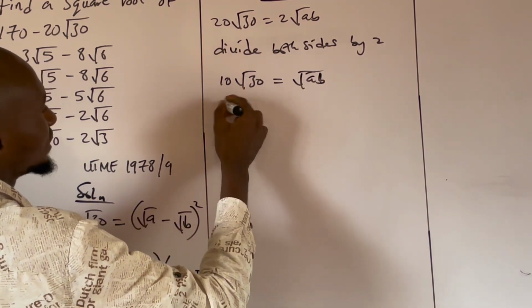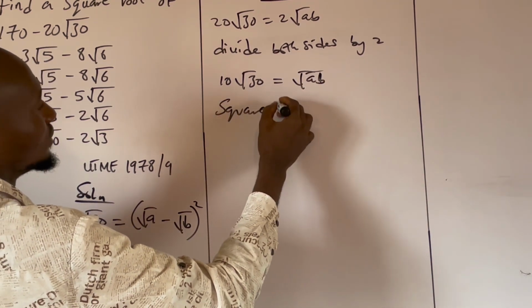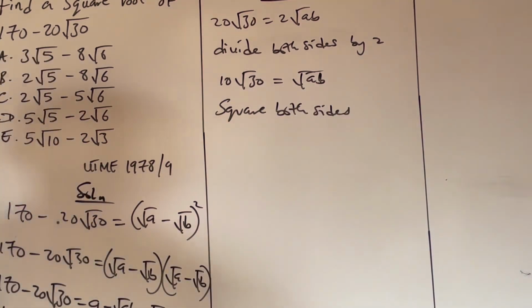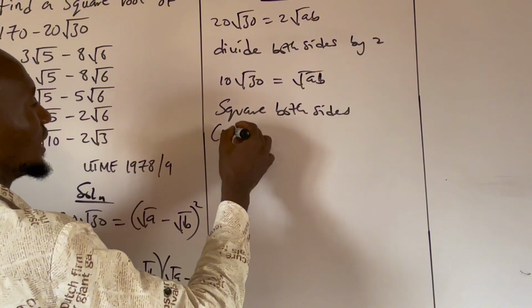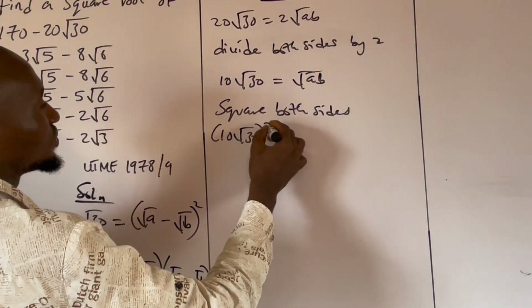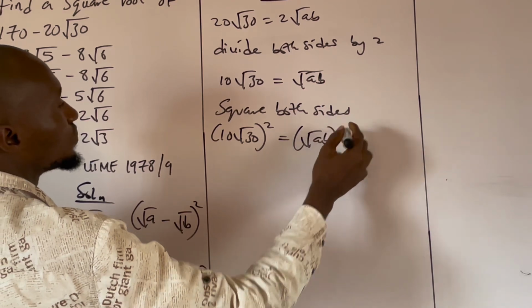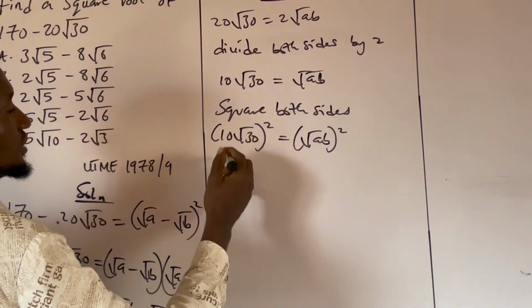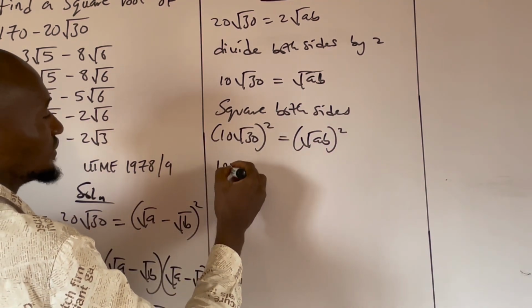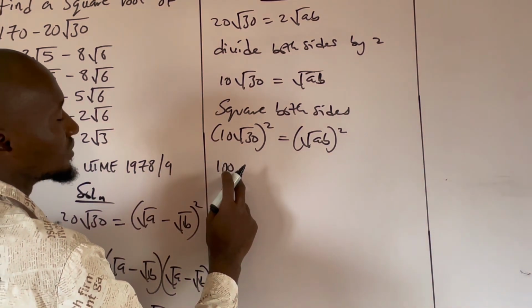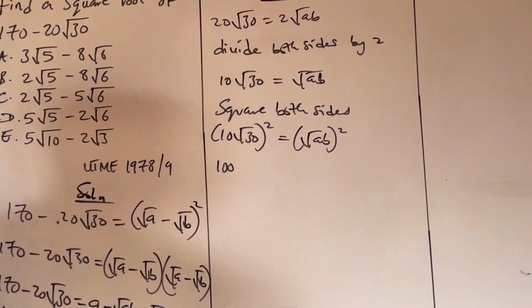Now, here we say square both sides. When we do that, we have 10 root 30 squared equal to root AB squared. Here we have 100. Is 10 squared 100 or 1000?